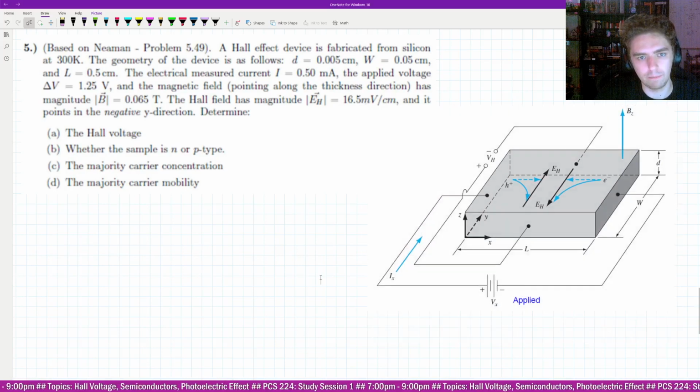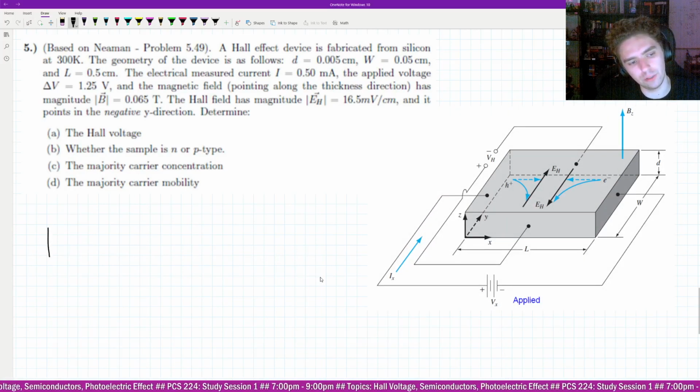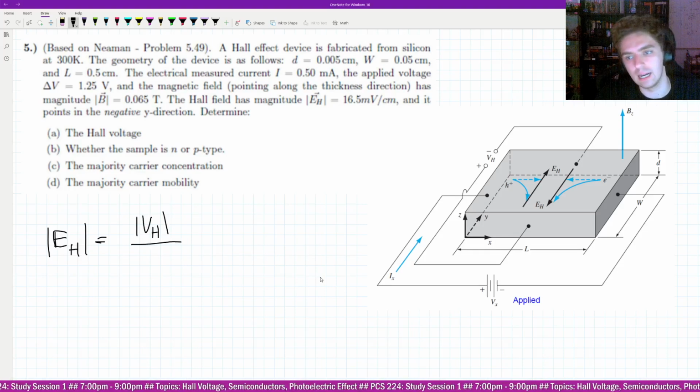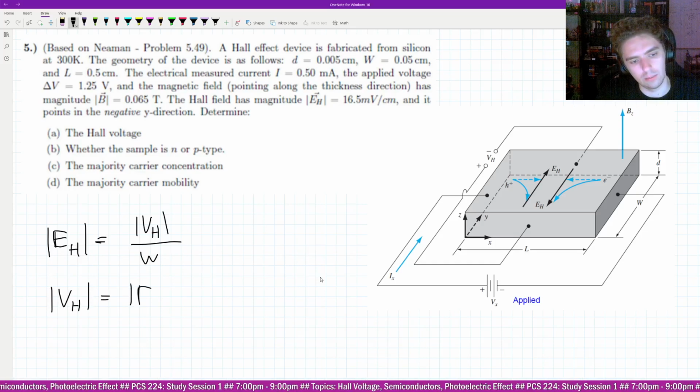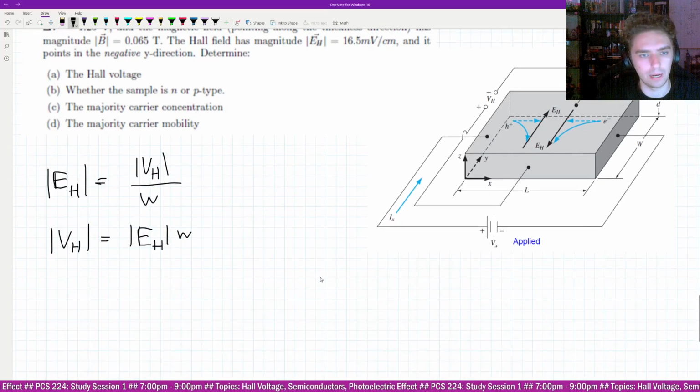So there's the picture. So the Hall voltage, remember that we know that the magnitude of the Hall field is equal to the magnitude of the Hall voltage over what distance? This distance W, right? Because that's where the Hall field is over. So if I want to find the Hall voltage, delta VH is equal to the magnitude of the Hall field times W. And I know both of those things.